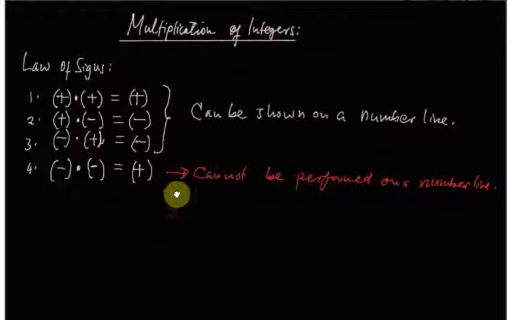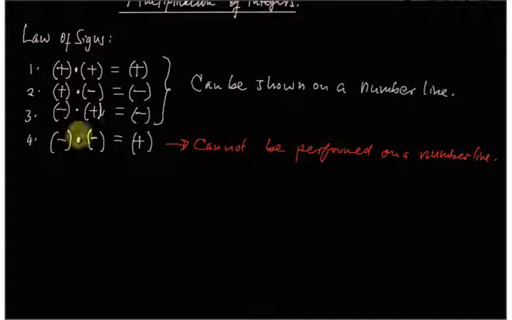Now we are going to start with this. We know this is what we call the law of signs. If we have a positive integer times a positive integer, we get a positive result. If we have a positive integer times a negative integer, we get a negative. Same for negative times positive, we get negative. But negative times negative, we get positive. There is no way by now I can show you this on a number line.